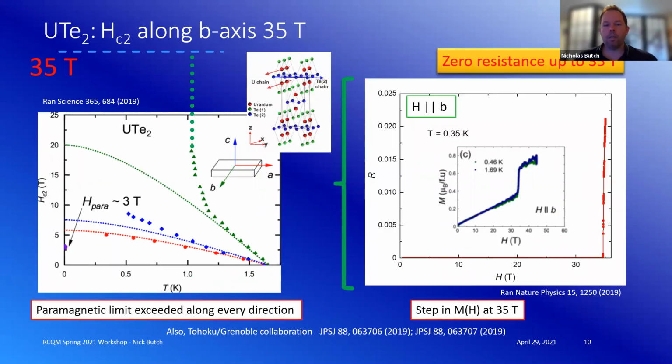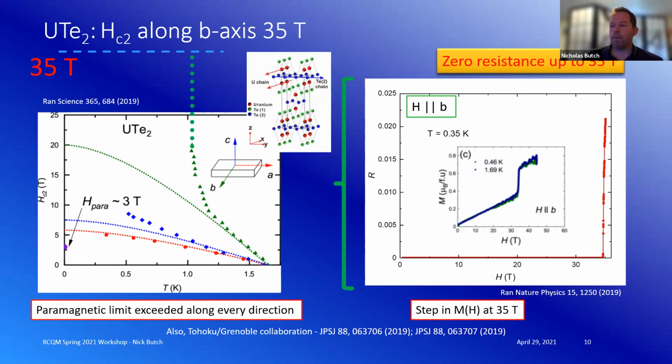If we do our standard measurements for a long time in different field orientations, you can build up the figure on the left side. It's an HT plot, again from the original paper. There are a couple of things to note. One is that the upper critical field curve is very anisotropic.